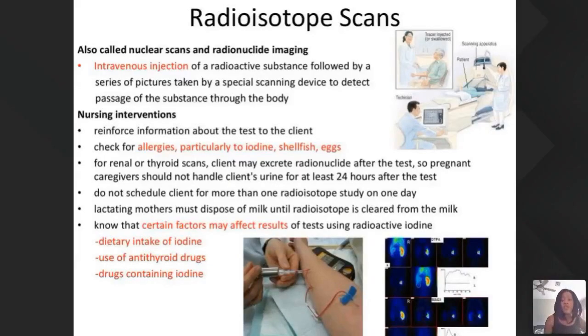Give them at least 24 hours of excreting this before you come in contact with their urine. And if you're a woman who's postpartum and you're lactating, breastfeeding, and you have to go through a process like this, you want to clear that milk after a radioisotope, pump it out, and throw it away before you give it to this child.